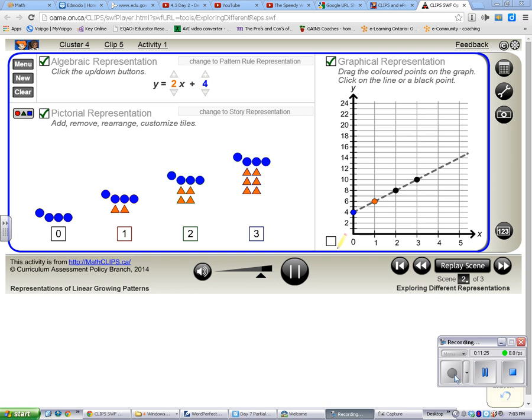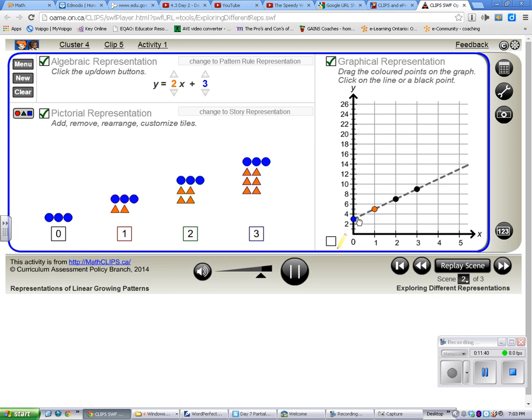Lastly, I'm just going to check and see what happens if I change the 2 or the 4. So the 4, again, was coming from the y-intercept, or the initial value. So if I change the 4 to a smaller number, like 3, then I watched my graph here go down from 4 to 3. But I also noticed that these 3 initial circles that are always there, they have changed from being 4 to 3.